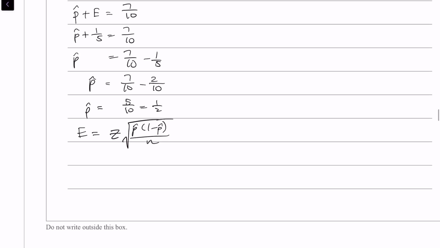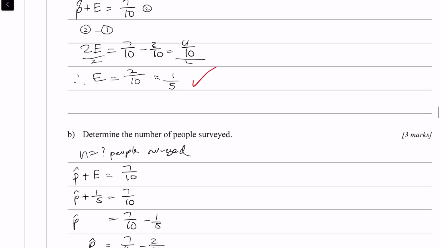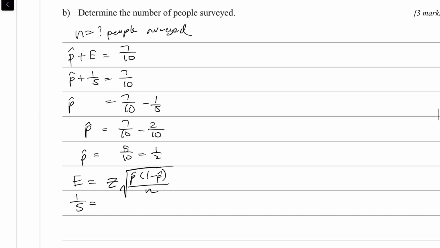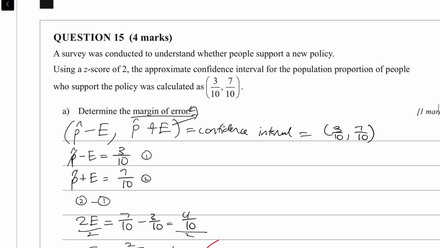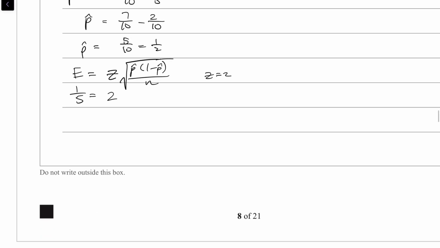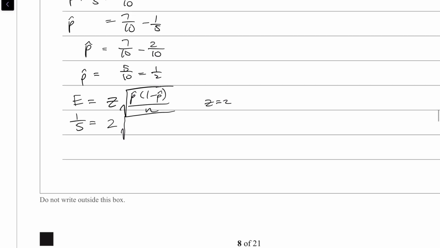Okay, and then my margin of error I figured out was 1/5, and then my z value I know is 2 from the question. Okay, so always go back to the question, and then square root of p hat, which is a half, times 1 minus a half over n.